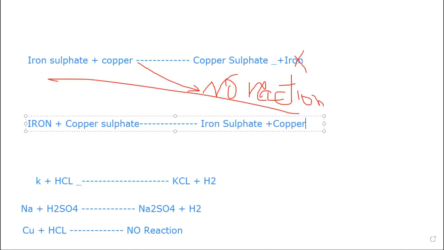Okay, so you have to memorize the order of elements in the chemical reactivity series to be able to answer any of these reactions. Okay, finish.